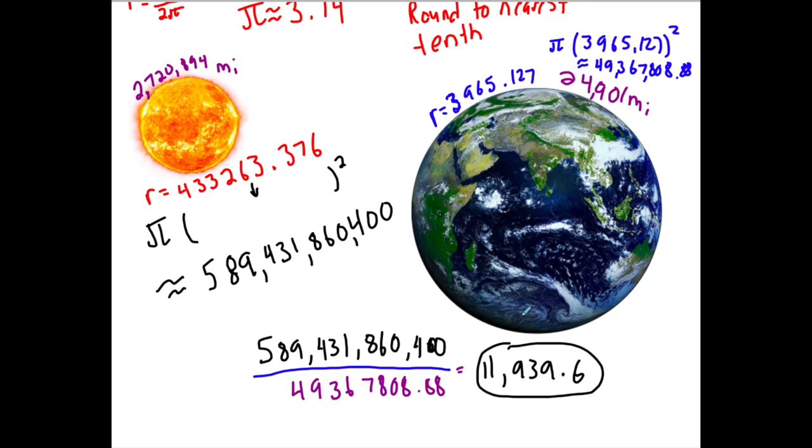You can see that because of the difference in radius alone, right? This is a radius of 433,000. So the radius itself is more than 100 times the radius of the Earth.